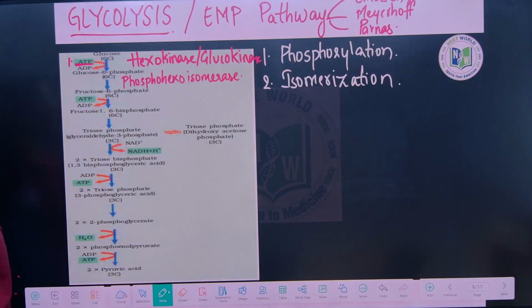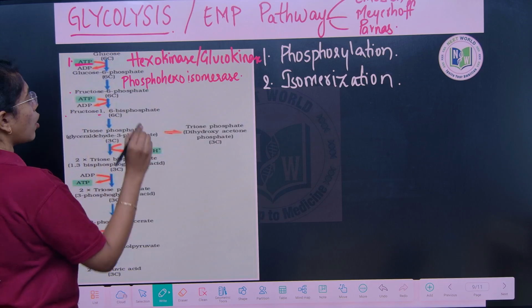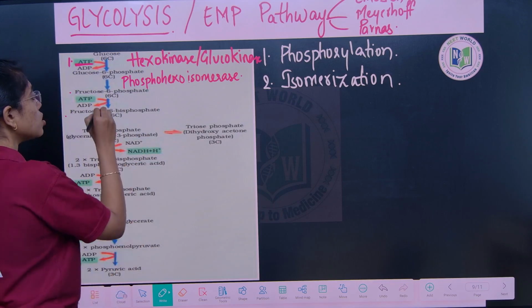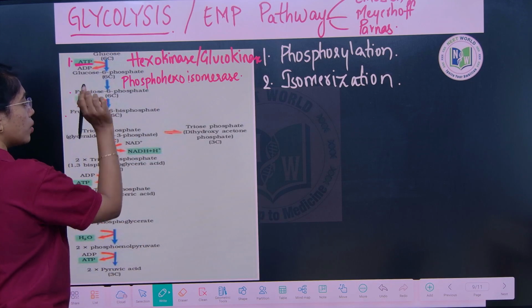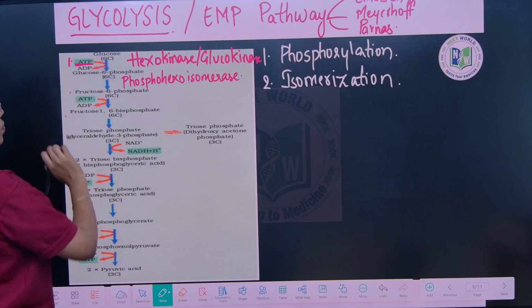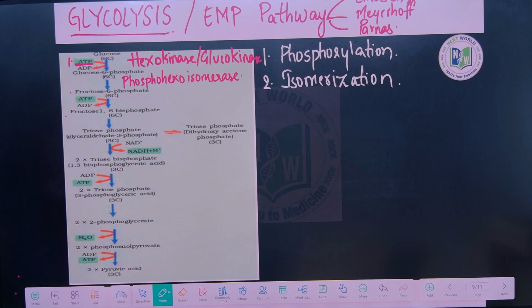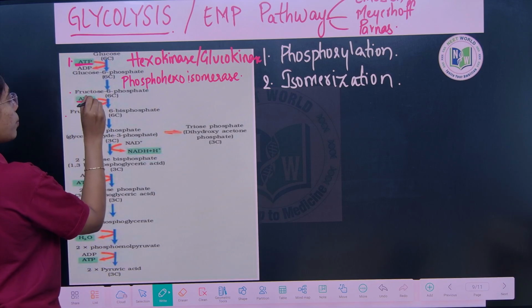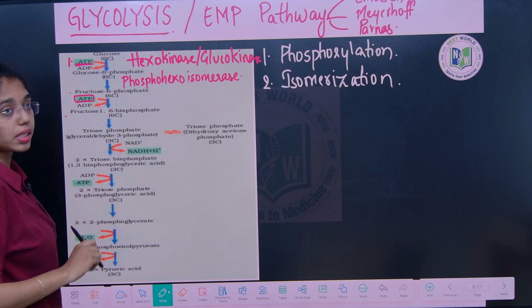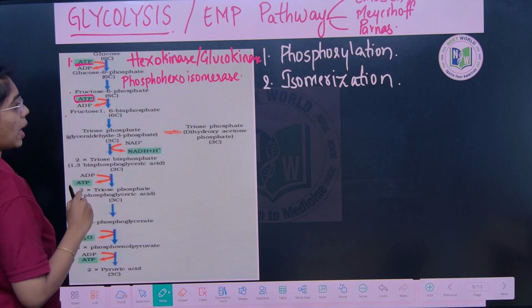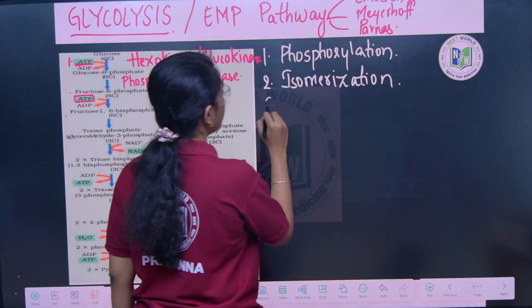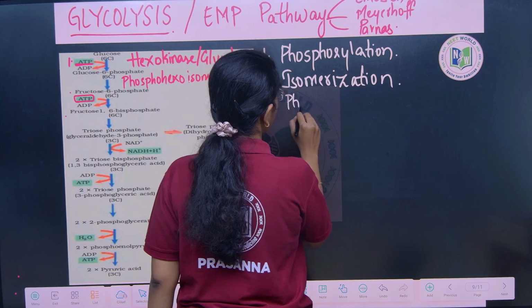Got it? Now, fructose 6-phosphate to fructose 1,6-bisphosphate. Here again phosphorylation takes place, because a phosphate group from ATP is added to the first carbon. So the third step is again phosphorylation.